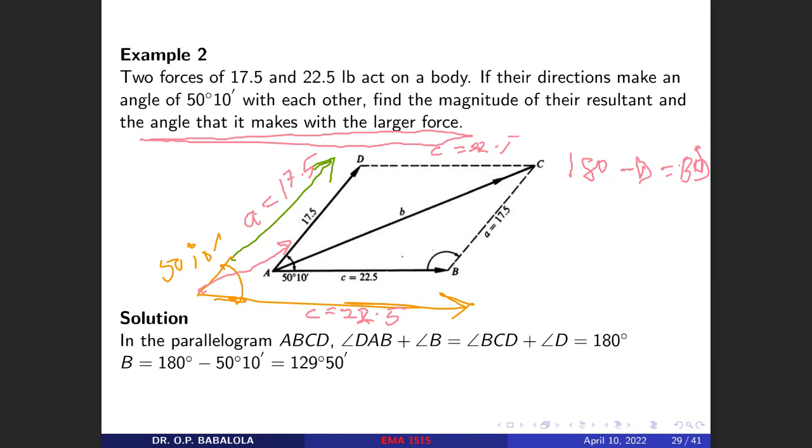If you resolve this, I don't want to mess up the diagram, so let's use the one I've drawn initially. If you resolve force B with force C, it's going to make an angle at B here. Remember that this side and this side are parallel.